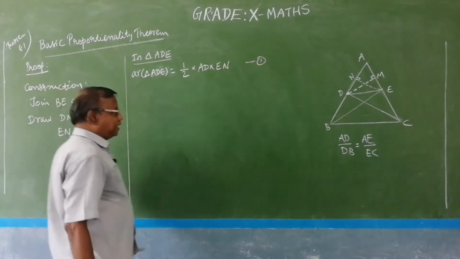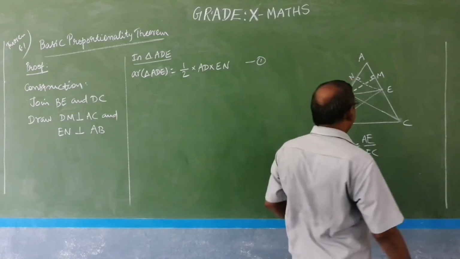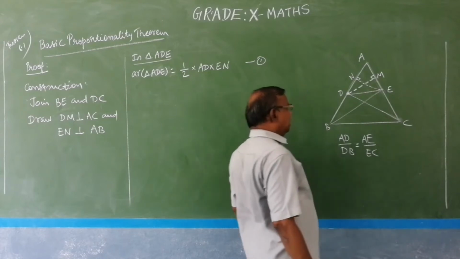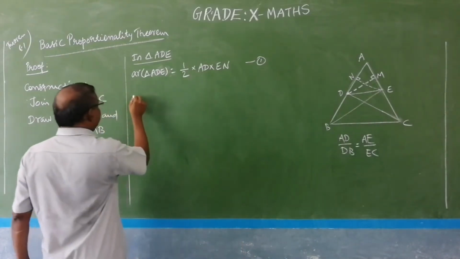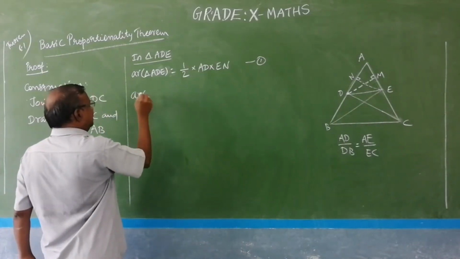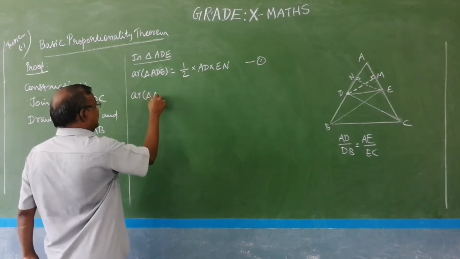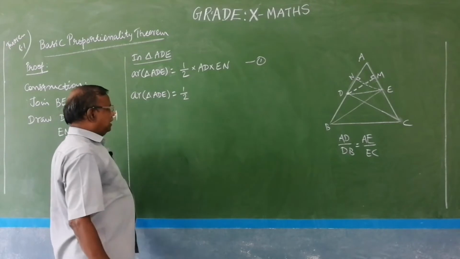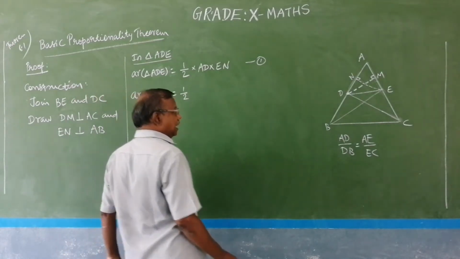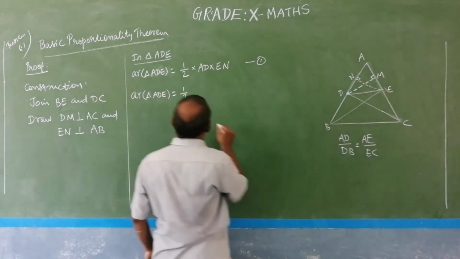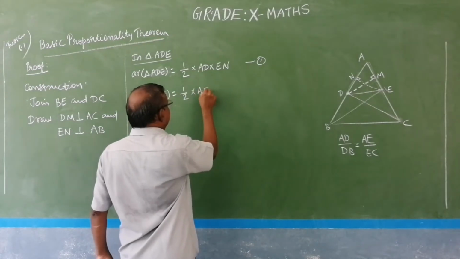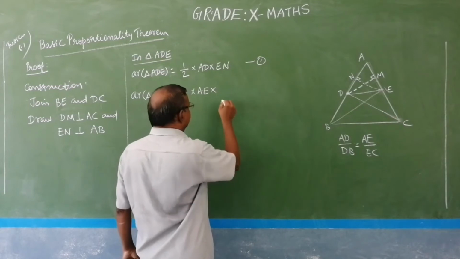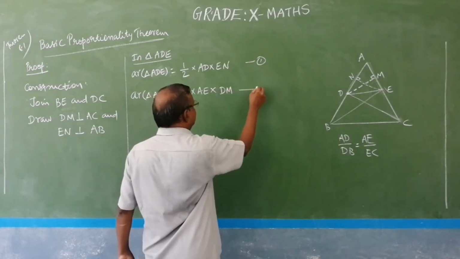And in the same triangle ADE, if we take AE as base, DM must be the height. So area of triangle ADE is half into AE as base and DM as its altitude, so DM. So this is 2.